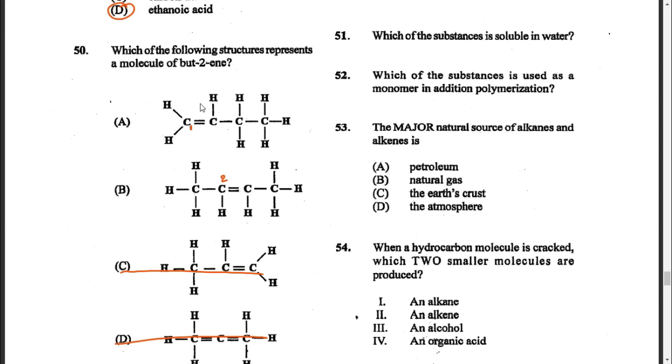So it's where the double bond starts, right? In B it is between carbon 2 and 3, while here in A the double bond starts at carbon 1 and it is between carbon 1 and 2. And they said butene. So the answer is B.